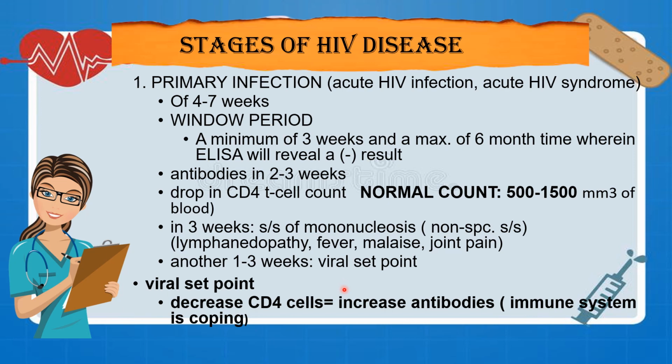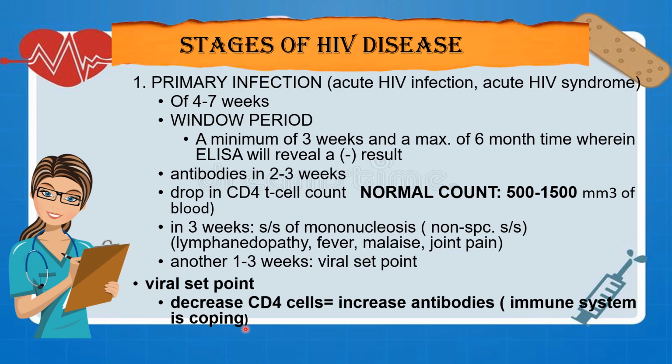So the body produces antibody molecules in the effort to contain the free HIV particles outside the cells and assist in their removal. During this stage, the virus is widely disseminated in the lymphoid tissue, and a latent reservoir with resting memory CD4 plus T cells is created.